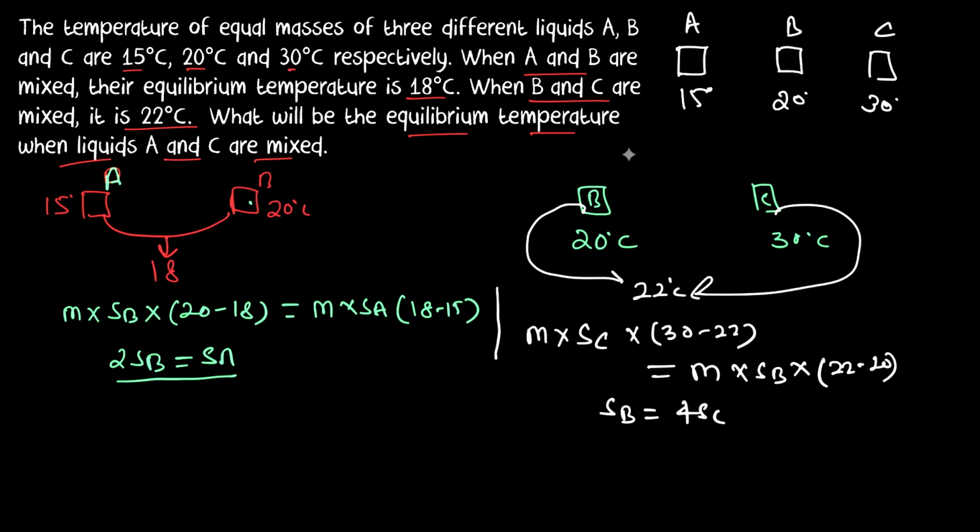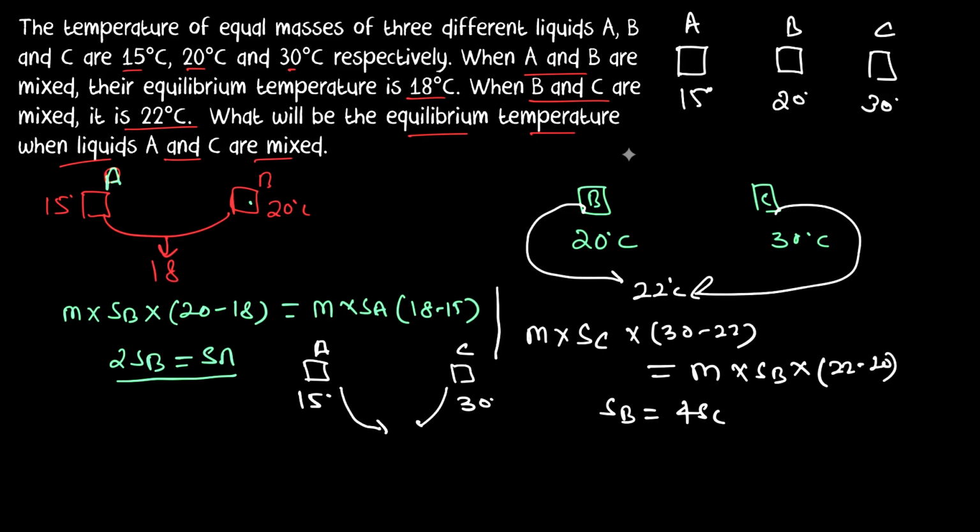Now the last case, between A and C. This is A and this one is C. A's temperature is 15 and C's temperature is 30. So obviously C will lose heat and A will gain heat. And the equilibrium temperature they are asking for.